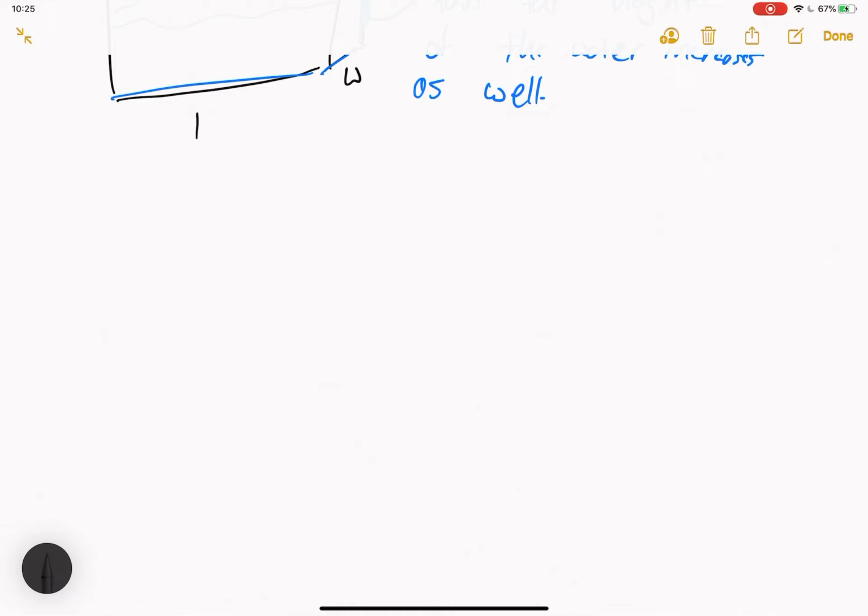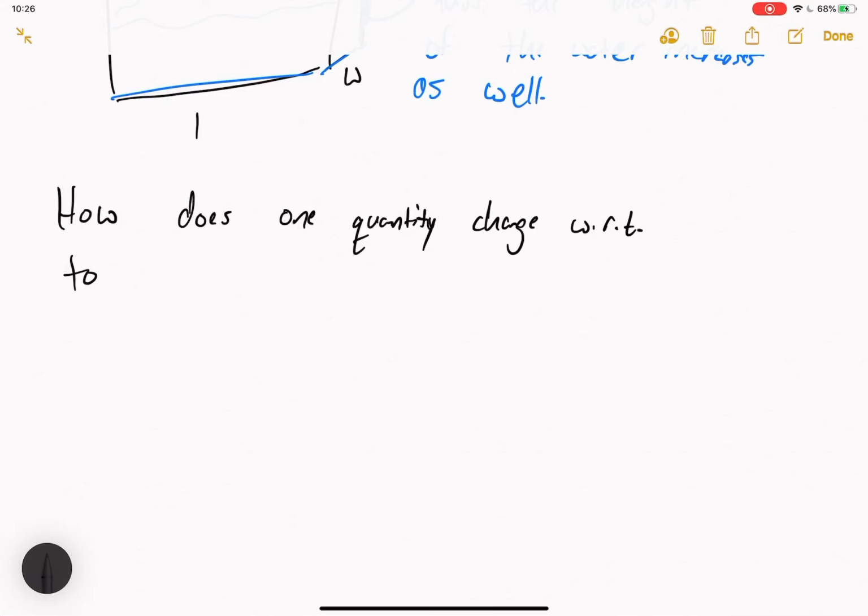That sounds a bit abstract, but when we get through more concrete examples, you'll see what I mean. So basically the question is, how does one quantity change with respect to another that can be easily measured?